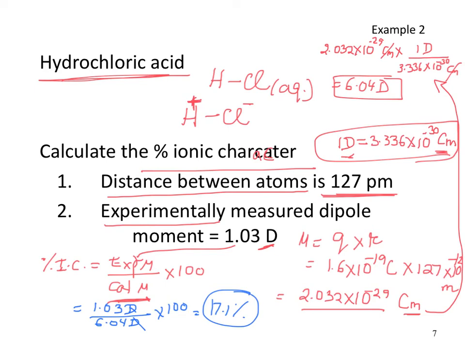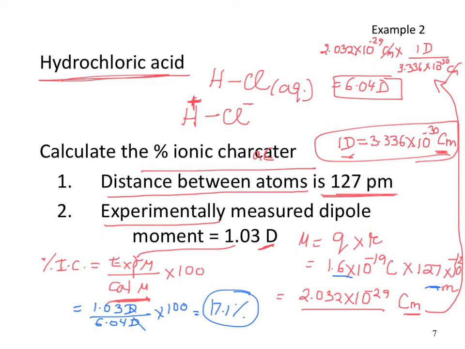In this case, the data that is given to you for hydrochloric acid is that the distance between atoms is 127 picometers, which basically means that it is 127 times 10 to the power of negative 12 meters. Since it's HCl, it means it would be unipositive, uni-negative. So your charge is going to be 1.6 times 10 to the negative 19 coulombs.